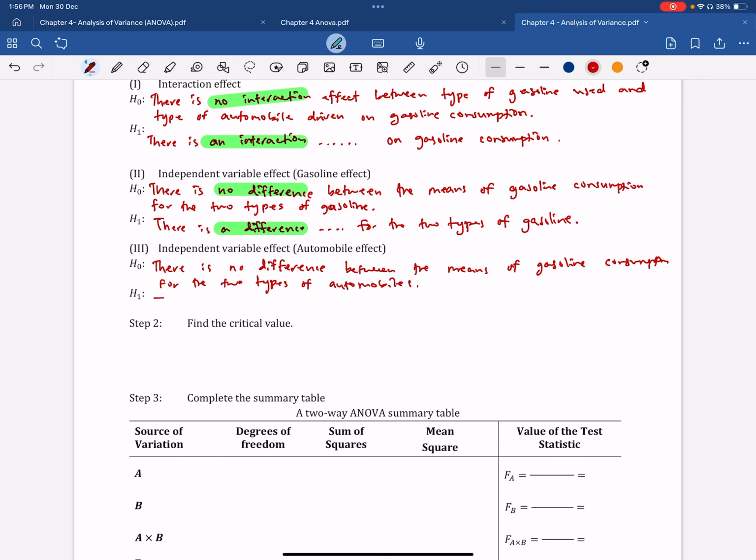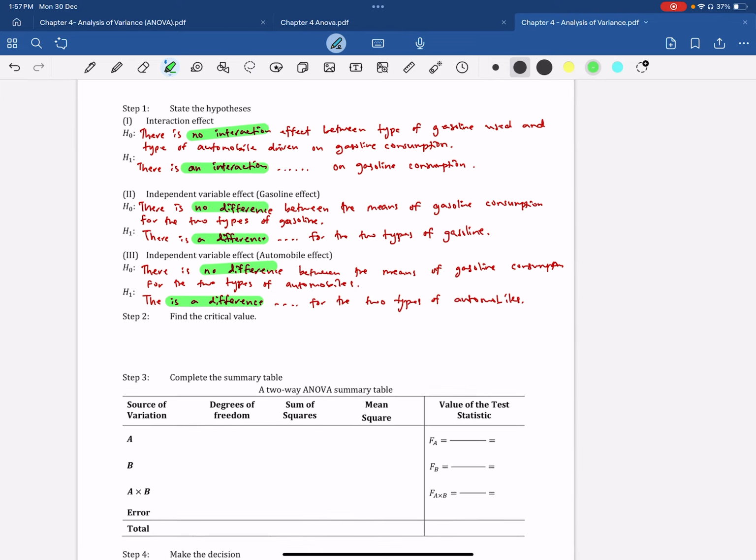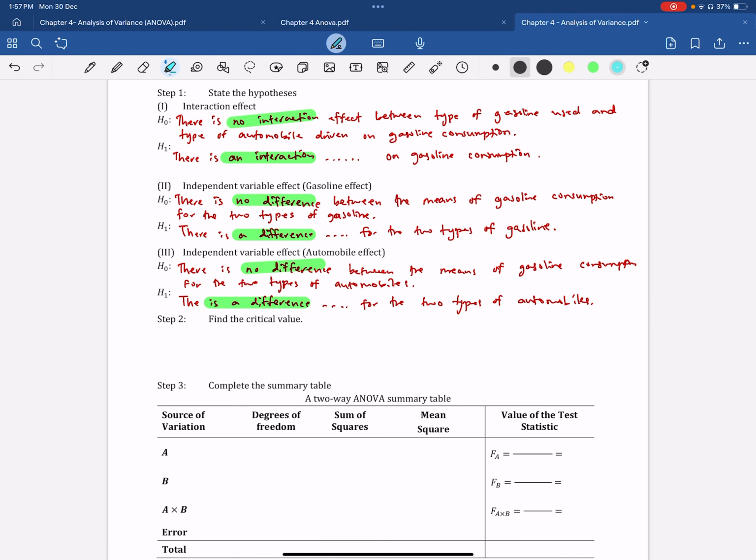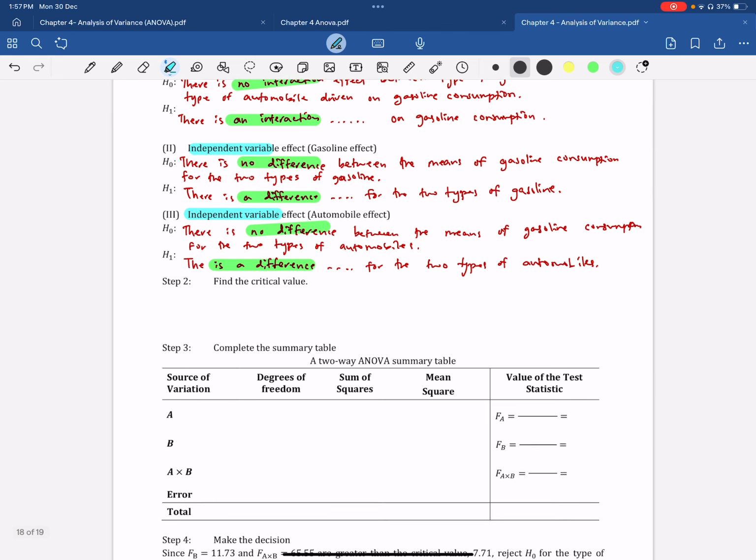And for the alternative, there is a difference, and then you have to write it in full, for the two types of automobile. So this is how you write the hypothesis for two-way ANOVA. It means that you have three: the interaction, the first independent variable and the second independent variable.